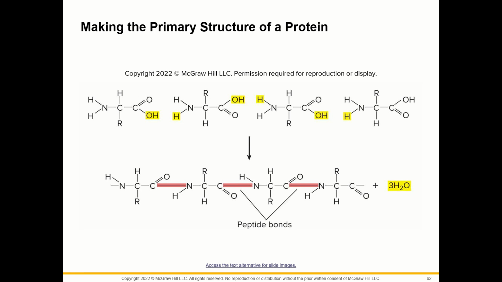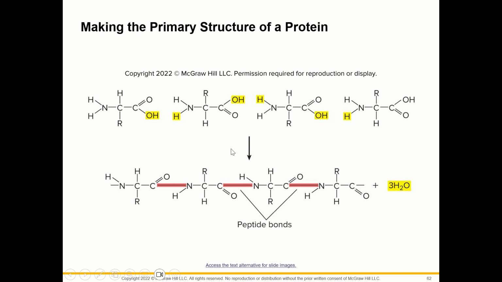Figure 2.27 shows the formation of peptide bonds by dehydration synthesis reaction. So we're losing the hydroxide group from, looks like the carboxyl portion, and the hydrogen comes from the amino portion. And then the resulting formation is a peptide bond.